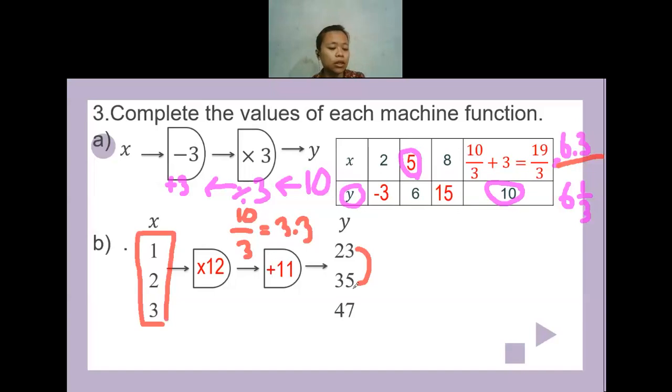But later, if the input is like 1, 3, 4, it means you cannot check the difference between the output when the input is 1 and then the input is 3. It will be better if you check the difference of the output when the inputs are 3 or 4. You have to make sure that the values of input in here are in order, do not have so many differences. This is 1 and 2, already in order. So it means I can check from 23 into 35.